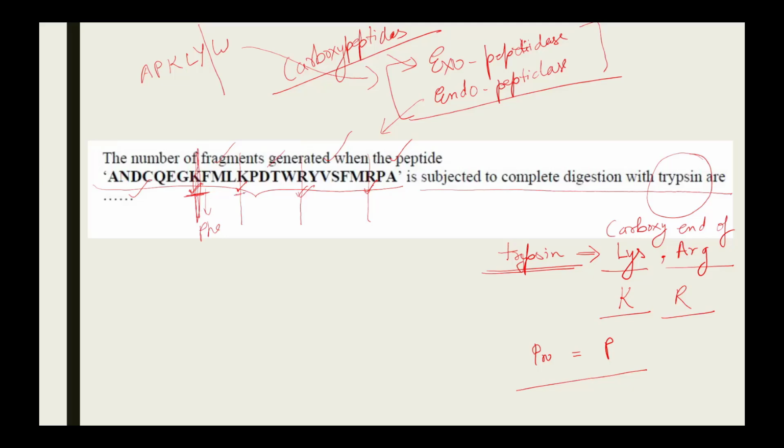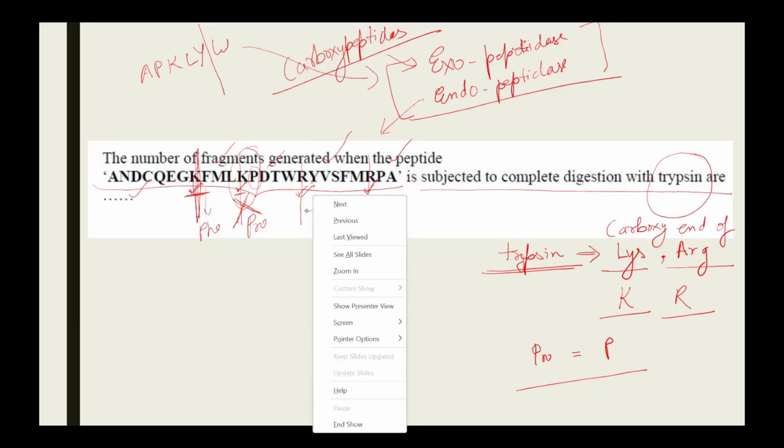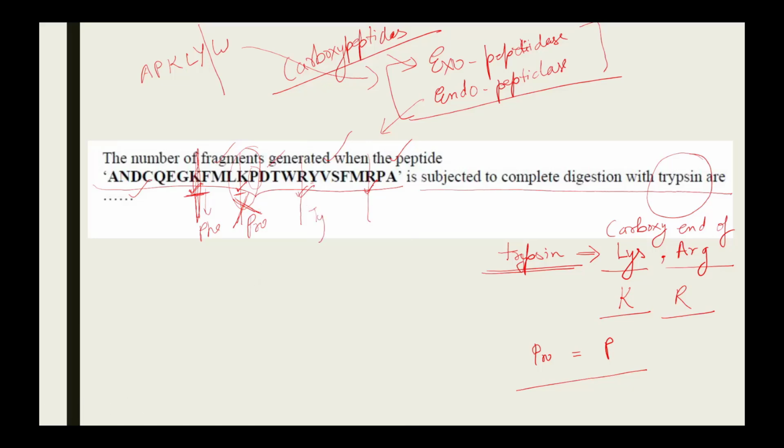Then for the next lysine, the adjacent amino acid is P, that is proline. So due to the presence of proline, the trypsin action would not work here. Let's see the arginine: after arginine, Y, that is a tyrosine residue, is present.